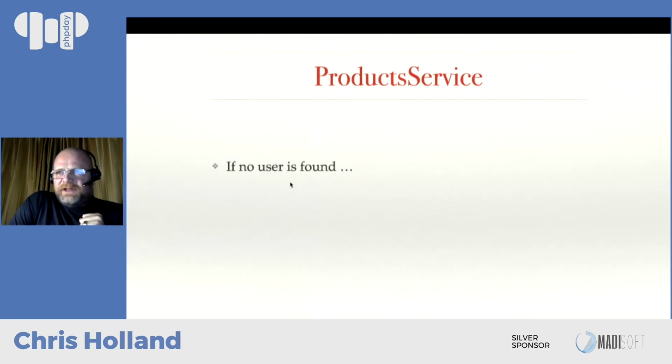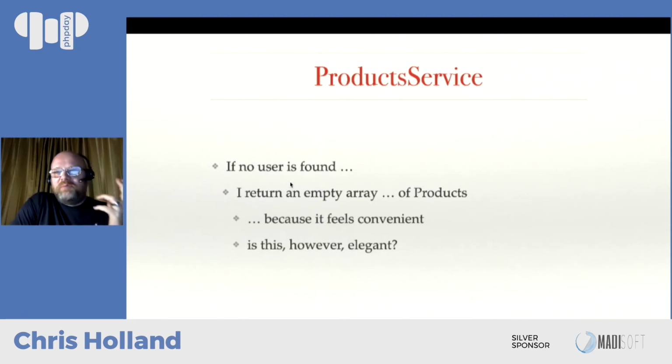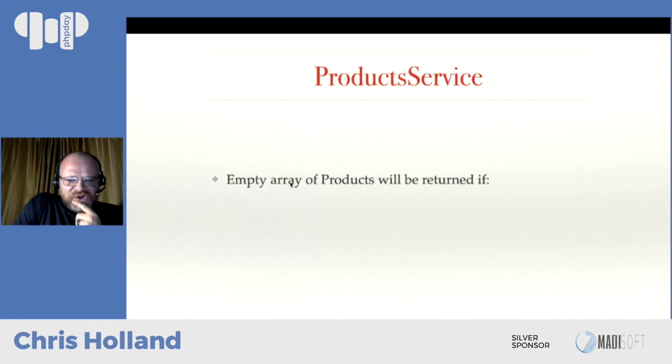So yeah, it starts feeling uncomfortable, right? Because right away you can see that if no user is found, I'm returning an empty array of products. That's convenient for sure, but is it elegant? Try to think of somebody using your API. The product service is going to return an empty array of products in two cases.